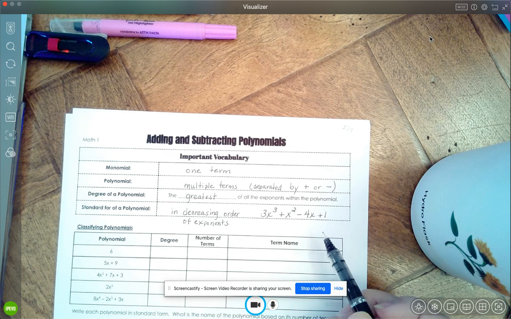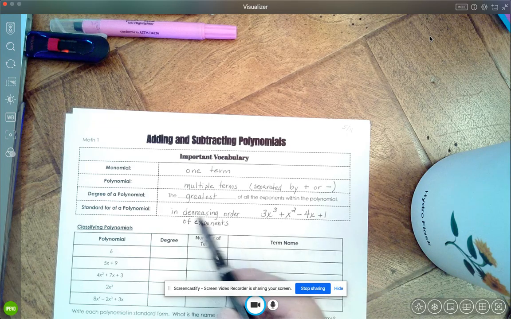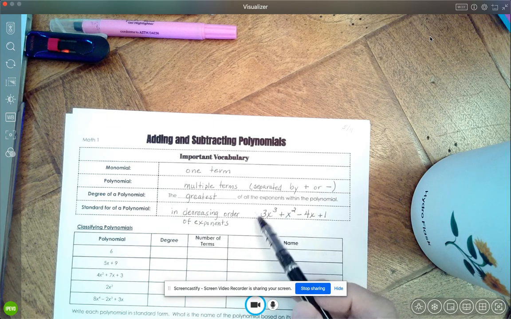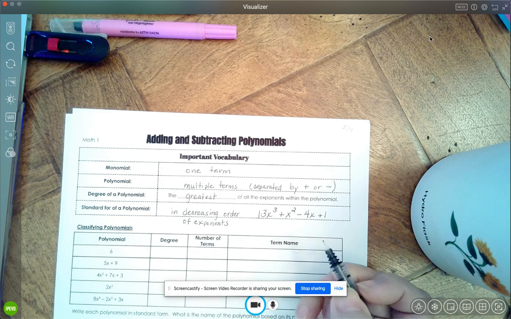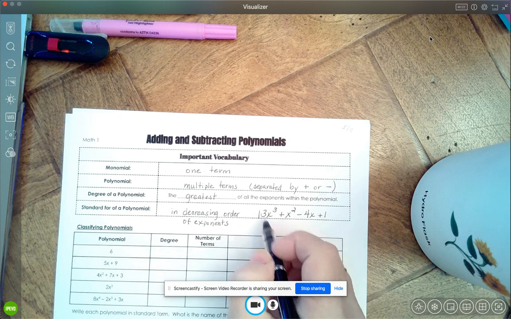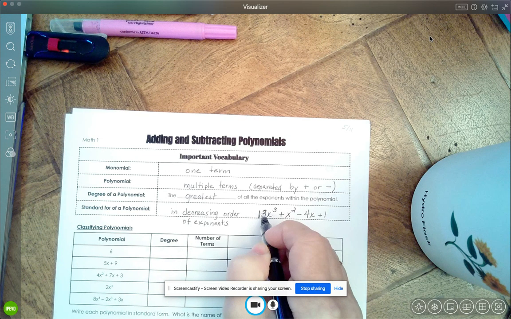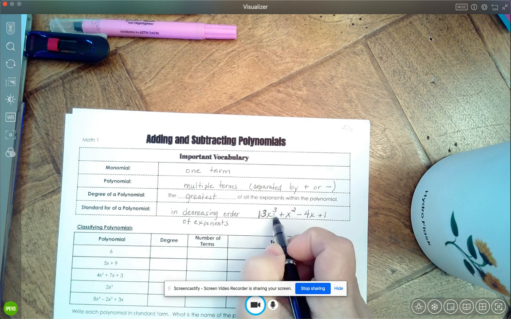The degree of the polynomial is the greatest of all the exponents, so this would be a third degree polynomial.